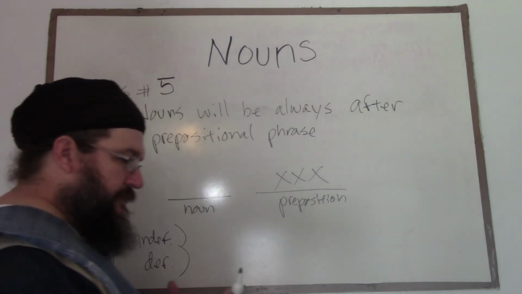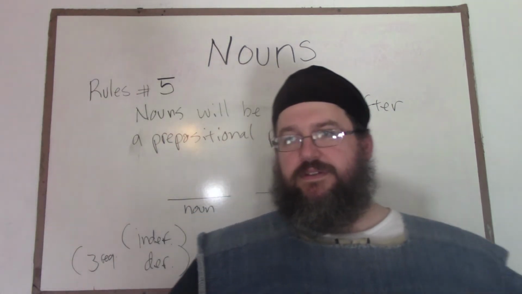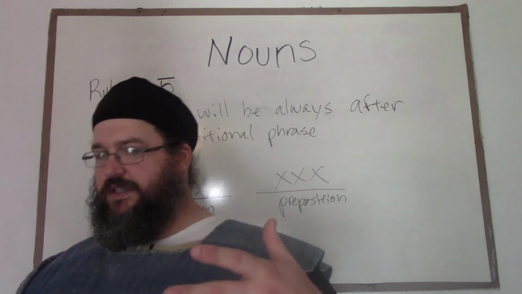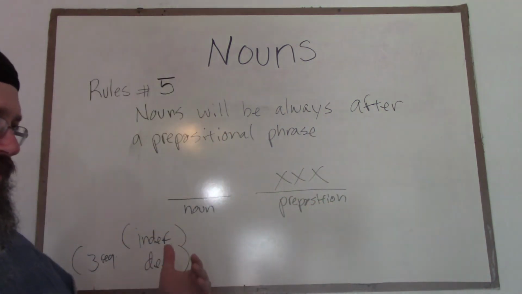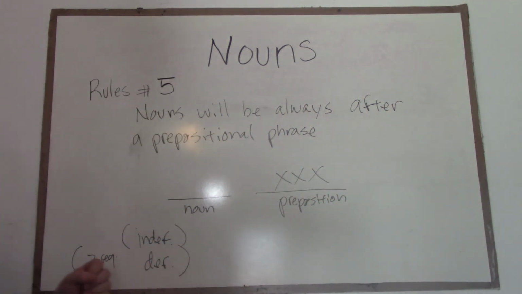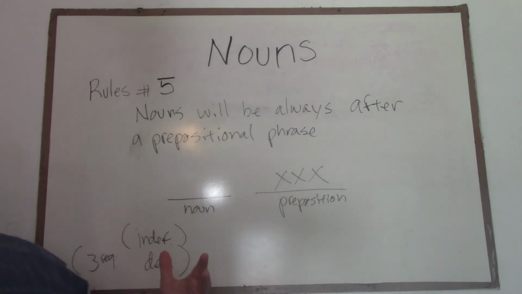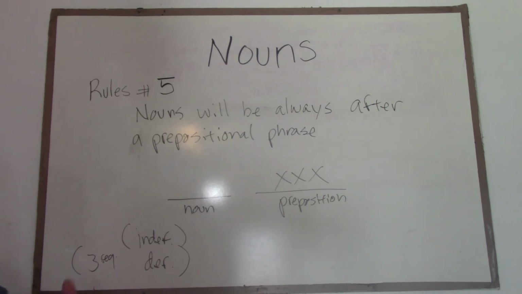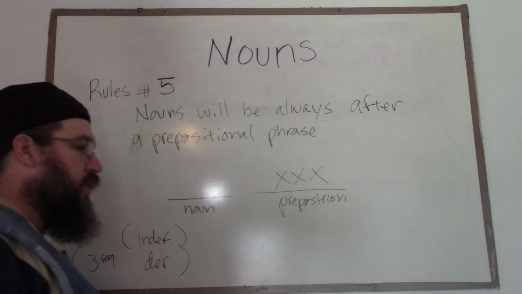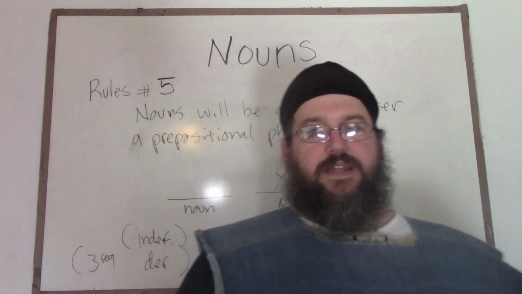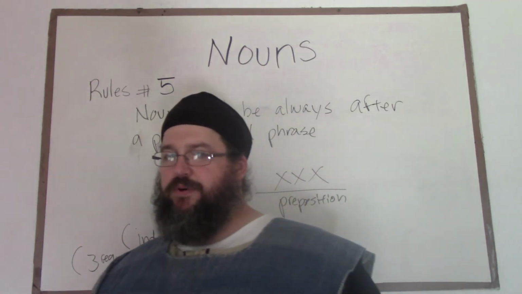Now, I'm giving you a head start on this, even though we're not going to cover this until rule number 6. The rule, in rule number 6, is that all nouns in themselves are indefinite, unless they are required by the nature of the noun to be a proper noun.